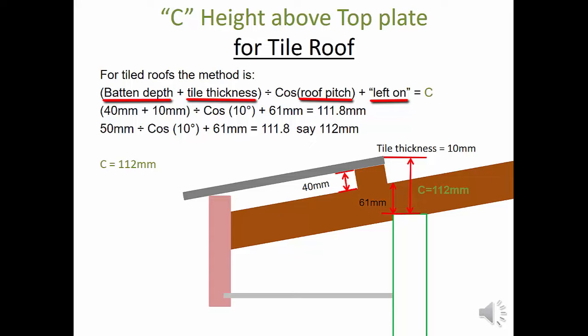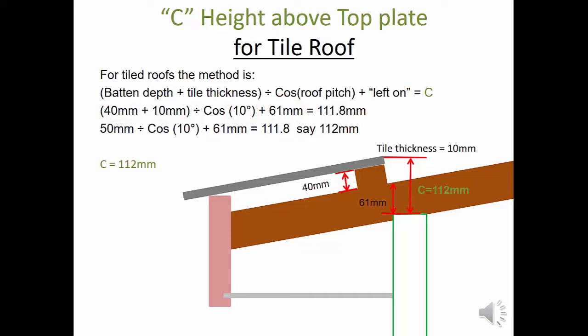It is the plumb measurement above the bird's mouth of the rafter, or the plumb measurement at the foot of the truss. For this scenario, the batten depth is 40 millimeters, the tile thickness is 10 millimeters, the roof pitch is 10 degrees, and the rafter left on dimension is 61 millimeters.